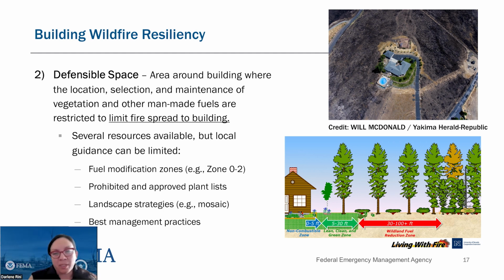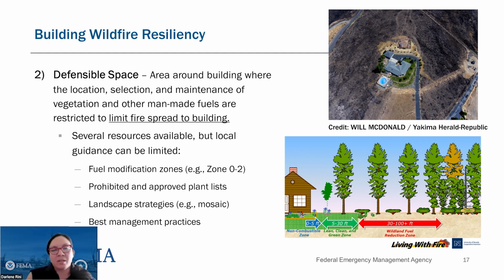This is to help limit fire from spreading from the wildland space directly up to the building. Again, there are several resources available at a national level, and in some cases there's augmented guidance for the specific local jurisdiction or environment in which you're working, but this can often be limited in other places.